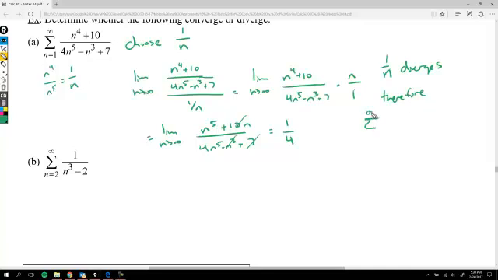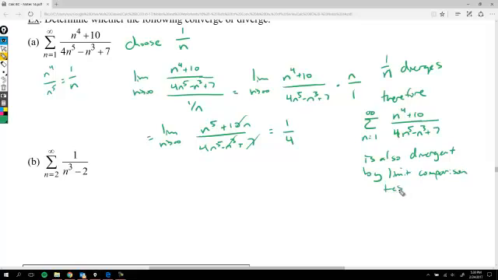Therefore, my given sum, n to the 4th plus 10 over 4n to the 5th minus n cubed plus 7, is also divergent by the limit comparison test. And all this is my answer here.